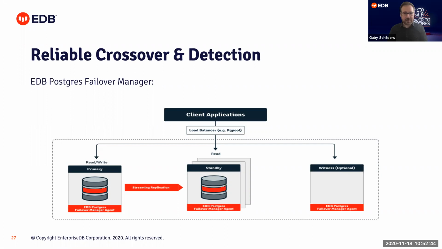And you see on the left, the primary. You see in the middle one or more standbys that get the information from the primary. And on the right, what you see is a witness node, which is sometimes needed to achieve quorum and to make certain that if there's an outage, that you correctly decide which of the hosts has an issue.